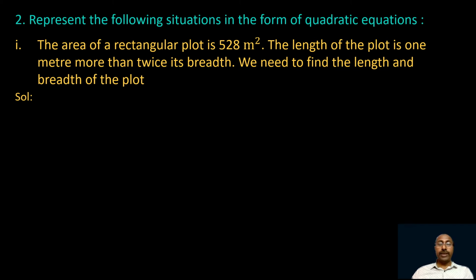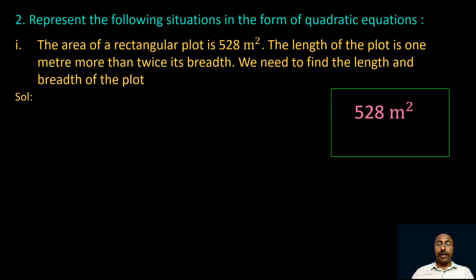Okay, so let us draw the rectangle. In this rectangle, the length is dependent upon the measurement of breadth. So let us take the breadth of the rectangular plot first. Let us assume that the breadth of the rectangular plot be x meters.